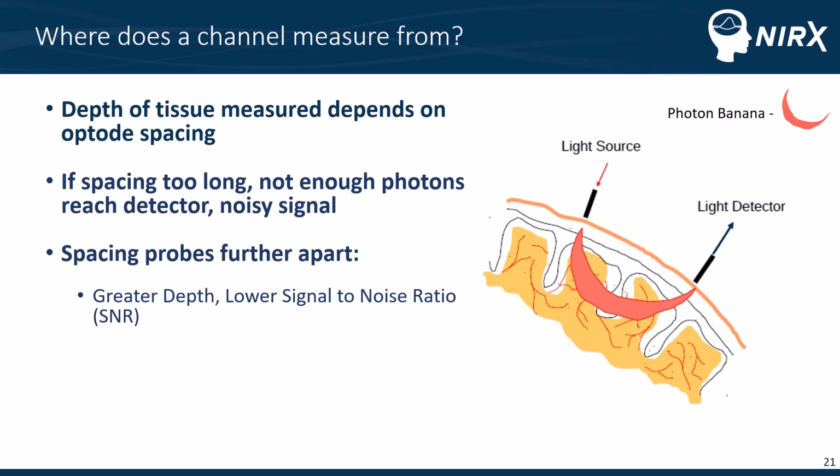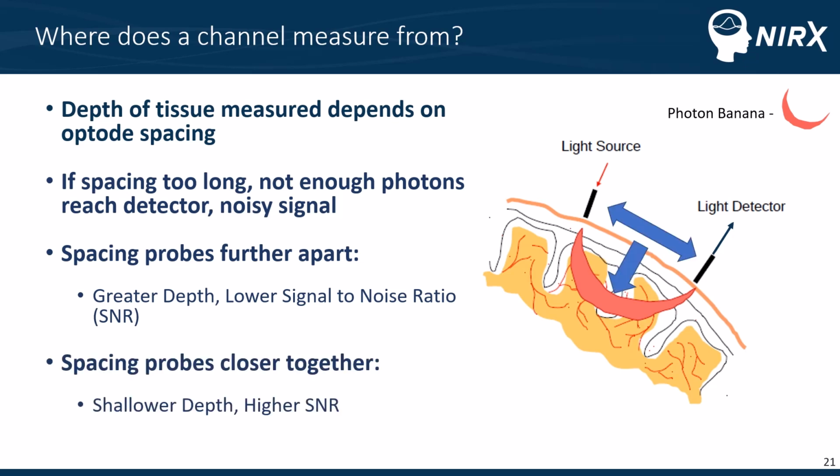Spacing probes further apart leads to a greater depth imaged but lower signal-to-noise ratio. Spacing probes closer together has a shallower depth of imaging but a higher signal-to-noise ratio. So the exact depth of your channel spacing is going to depend on what you're interested in as well as your hardware. Not all fNIRS hardware is created equally, and not all can get high signal-to-noise levels in channels that are farther apart.